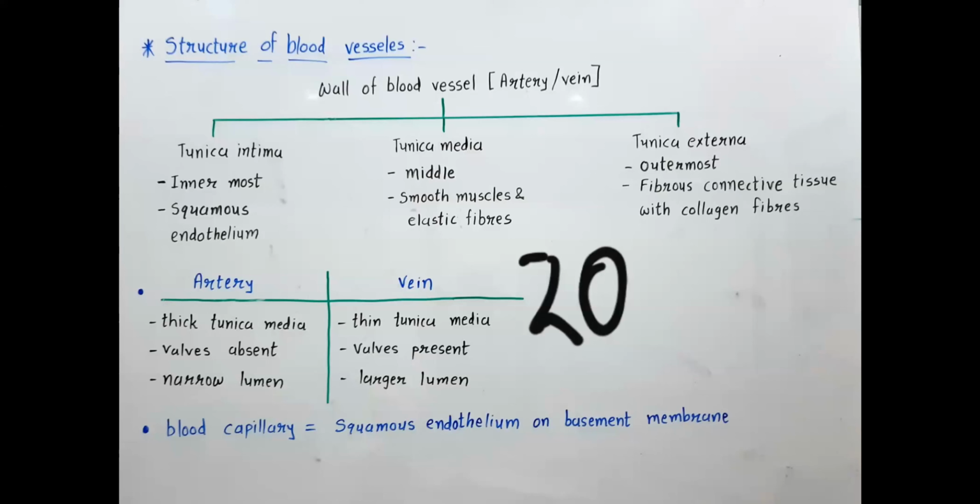Last but not the least, the circulatory pathway, which is made up of blood vessels. As you know, ours is a closed circulation, so right from the heart to the body organs and from body organs back to the heart, there is a closed circulatory pathway, and this pathway is made up of blood vessels.